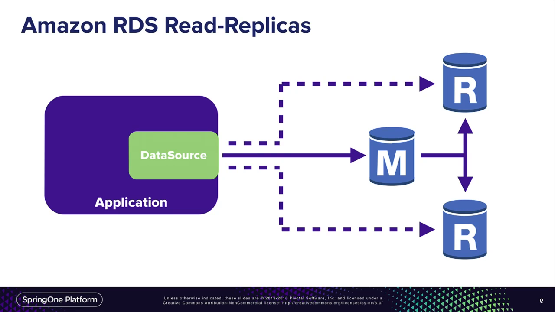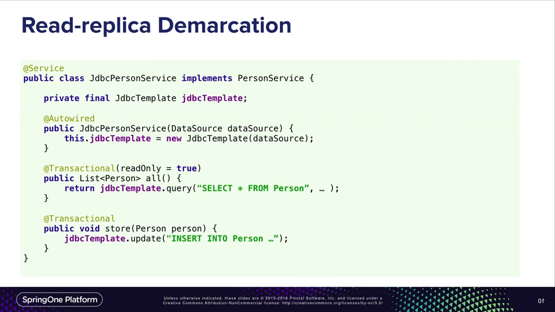And with Spring Cloud for AWS, there is a possibility that with the read-only flag, I can say in the method where I write data, the store method, this is a non-transactional method. There I have to go to the master database, like before. But when I read data, I can specify that this transaction is read-only. And what is then happening below is that the database call does not go to the master instance, it goes to the read-replica instance.